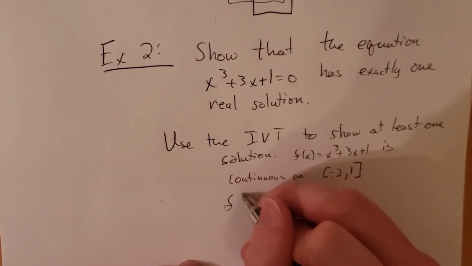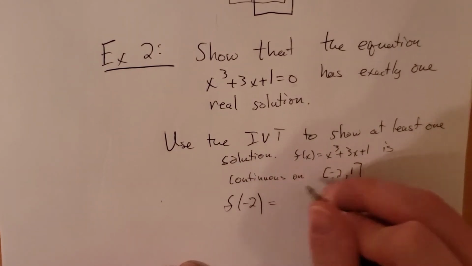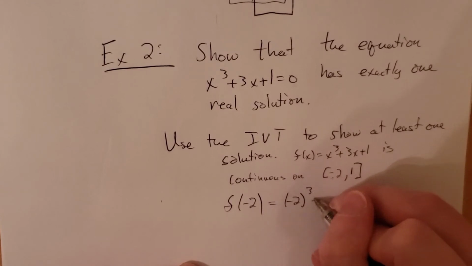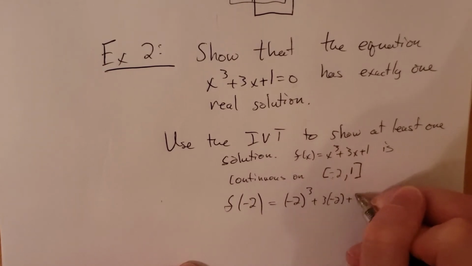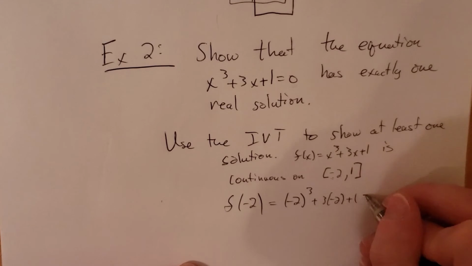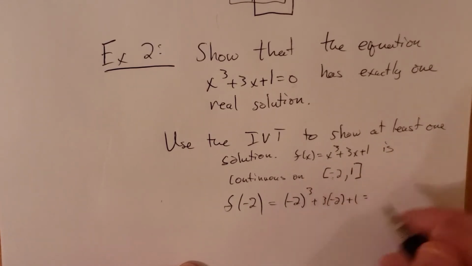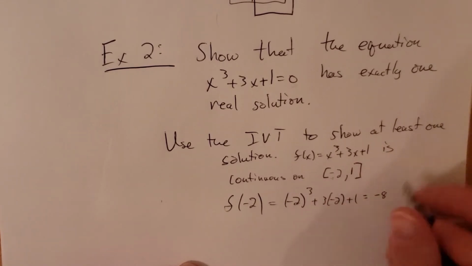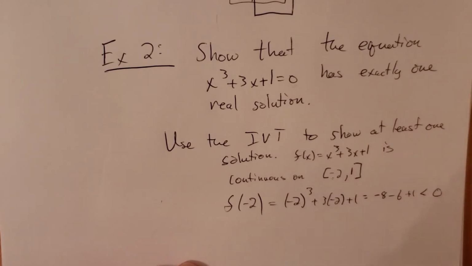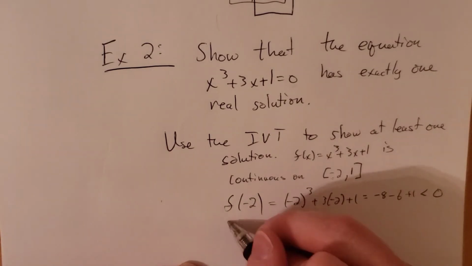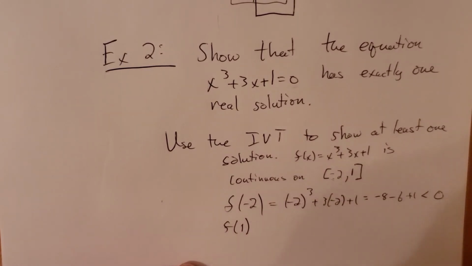So what is f of -2 here? We get -2 cubed plus 3 times -2 plus 1. So -2 cubed is -8, minus 6, plus 1, and certainly that is less than 0. What is f of 1?